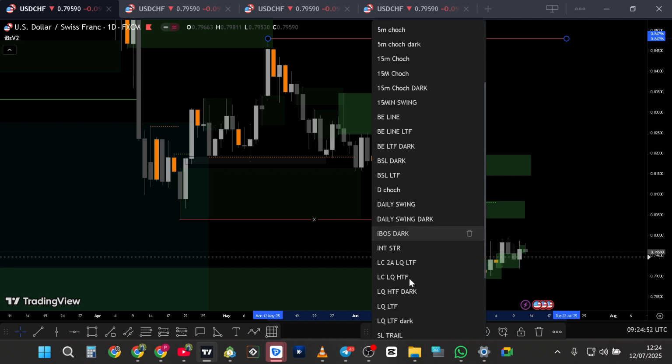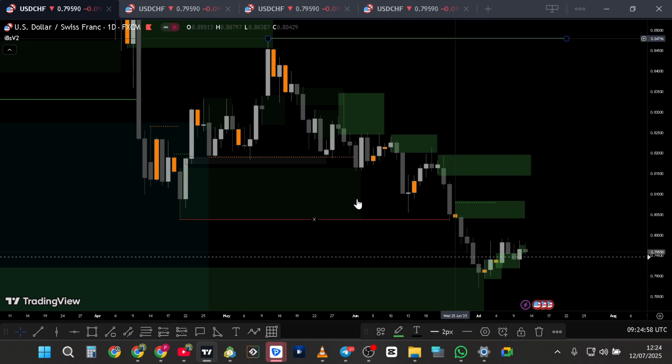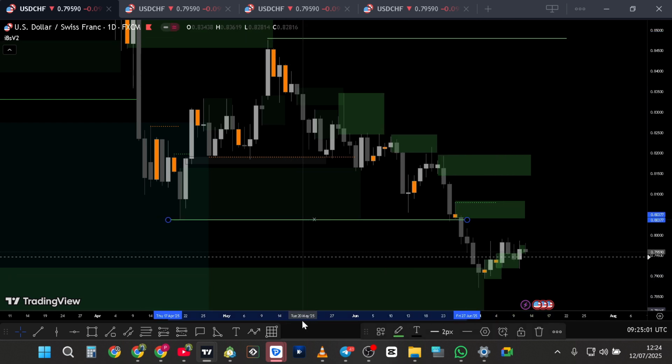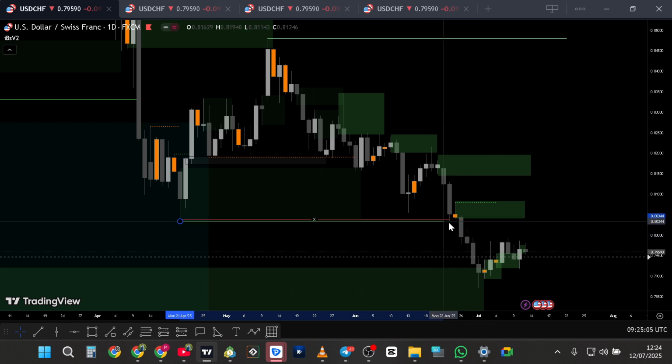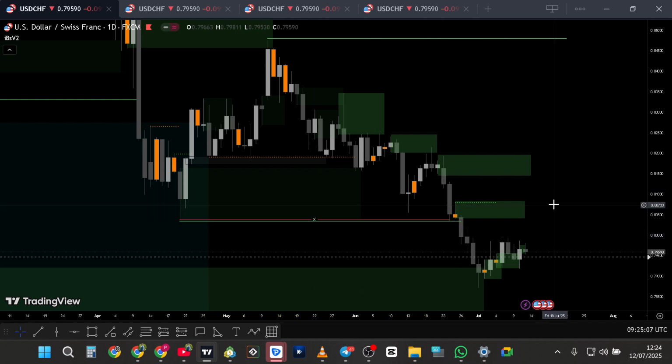Okay, and then we have that low, which also acted as liquidity, which they came and took the people out. So before that low was actually breached, we can see that price reacted.